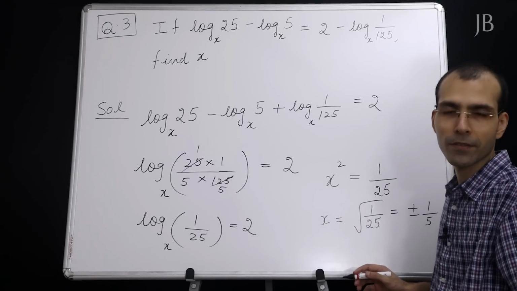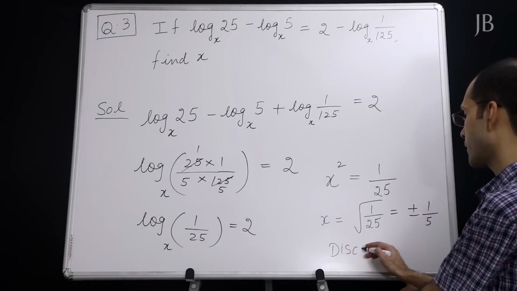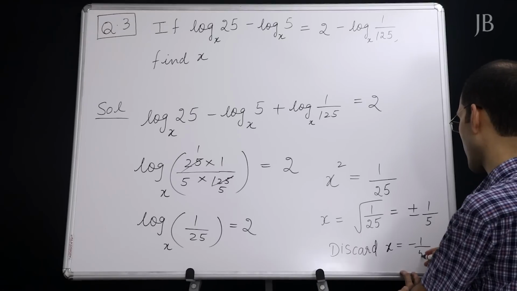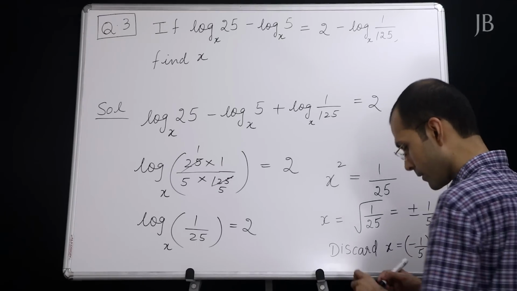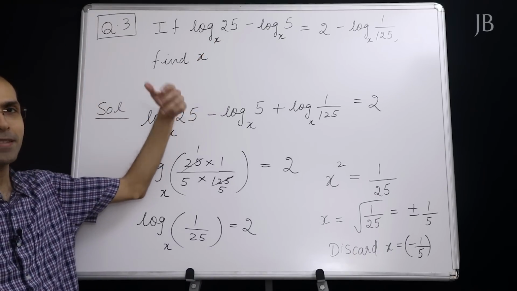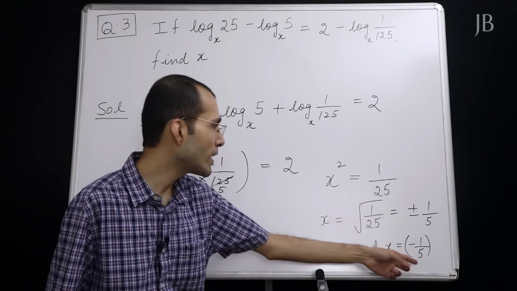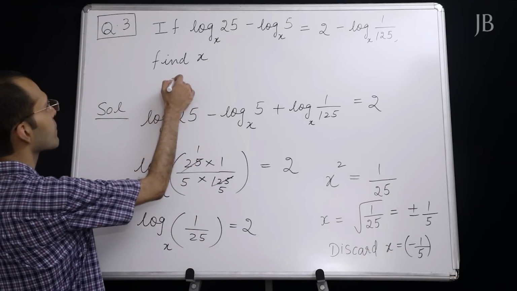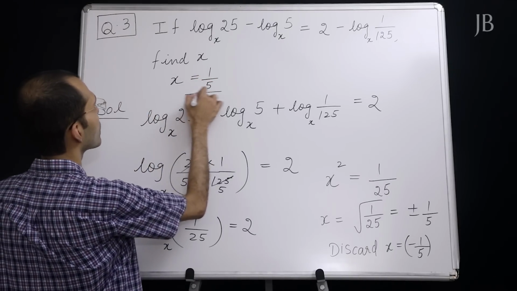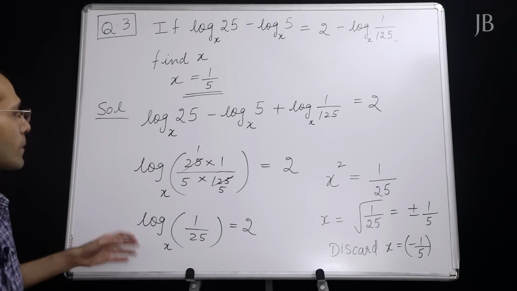The square root will have two values, but we will have to discard x equaling minus 1 upon 5, because here x stands for your base, and we told you the base has to be greater than 0. It can't be negative. So this we will have to discard, and our final answer would be x equaling 1 upon 5, and this is our answer.